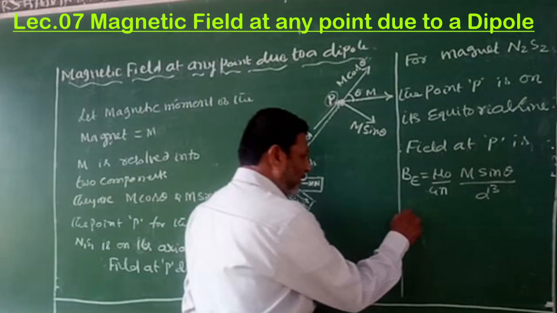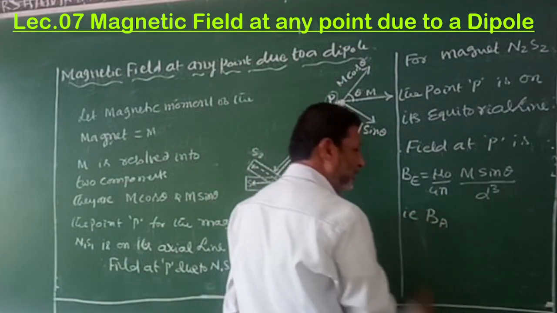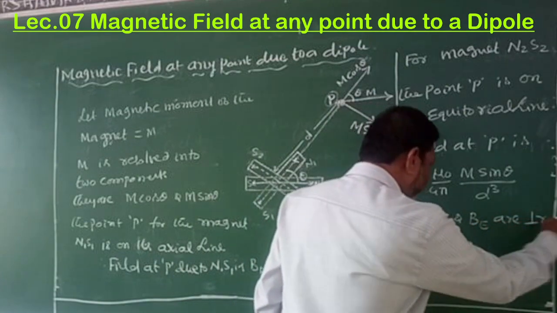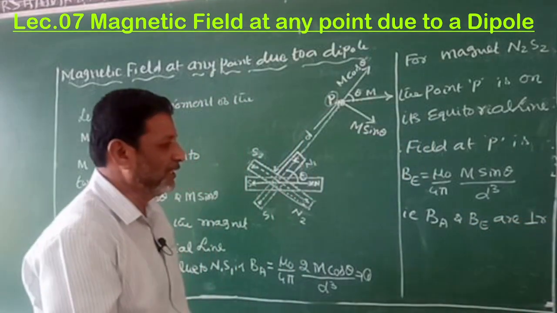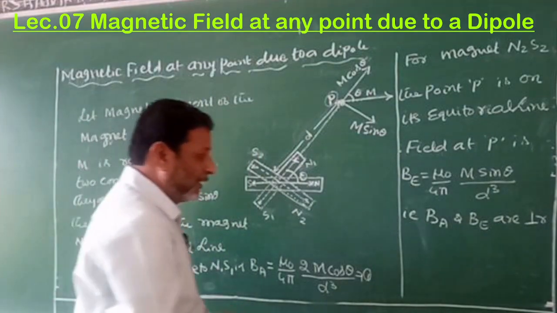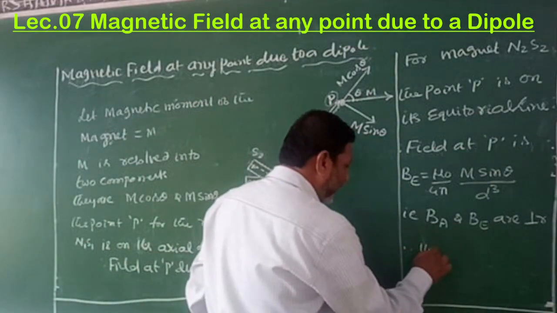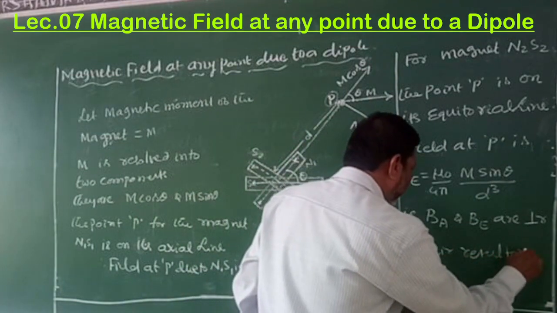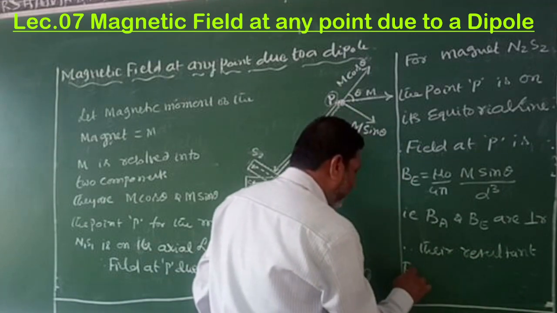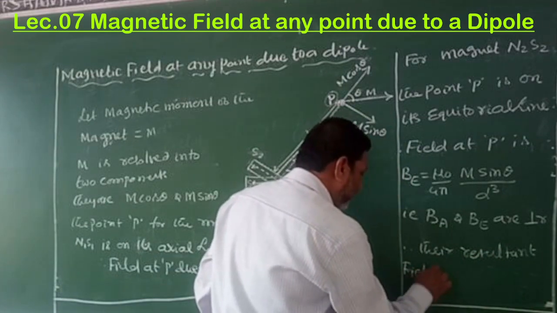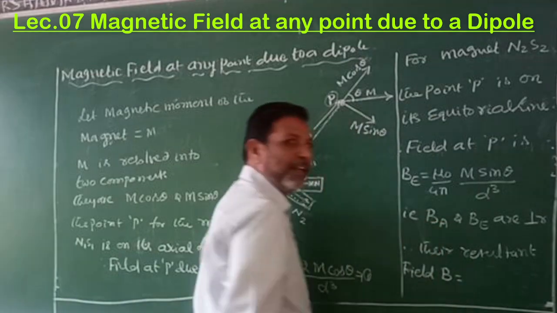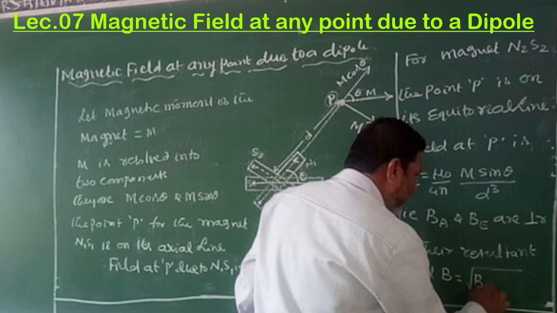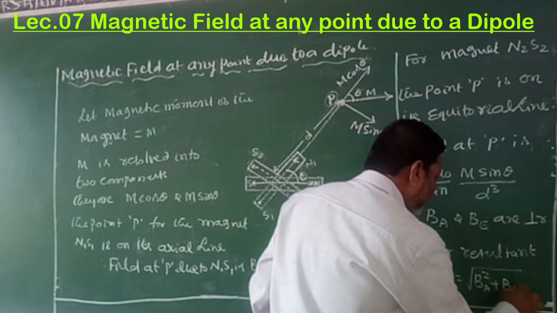Therefore, their resultant field B is equal to the square root of BA square plus BE square.